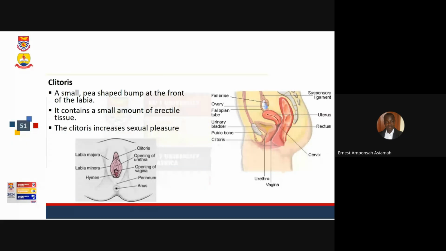So bleach, when you clean the place with bleach, not the vagina, but their surroundings. Yeah, we have iodine solution where you can clean the surroundings.